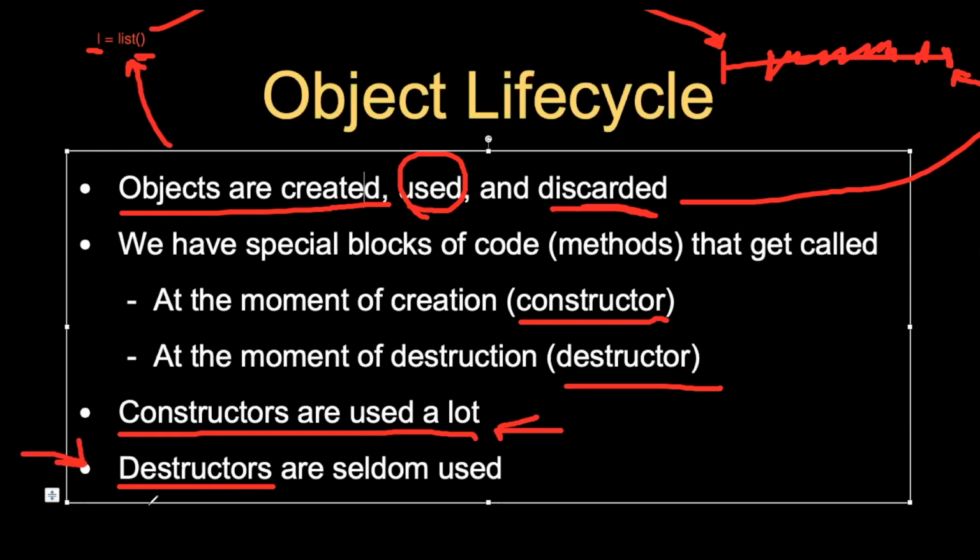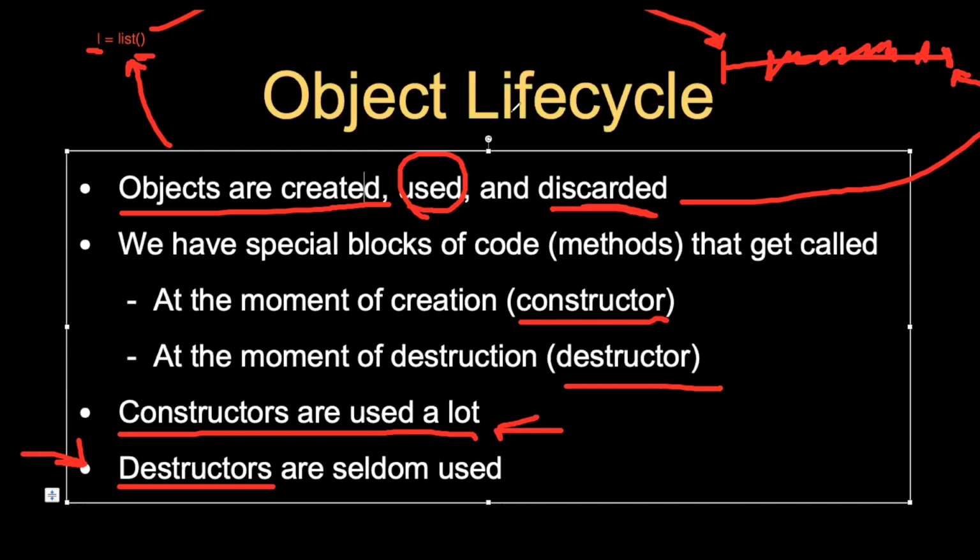So if you look at C++, actually, not even Java. Java has a garbage collector, but in C++, you can rely on destructors to delete dynamically allocated memory spaces.